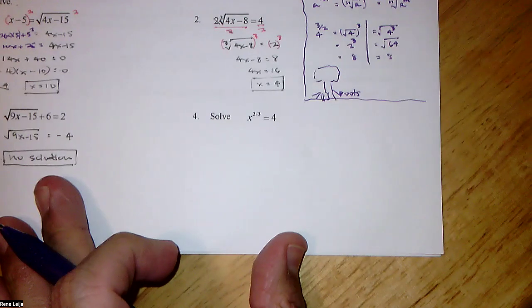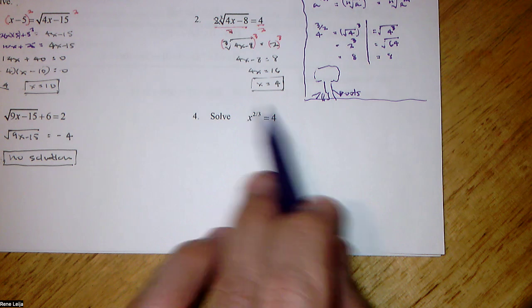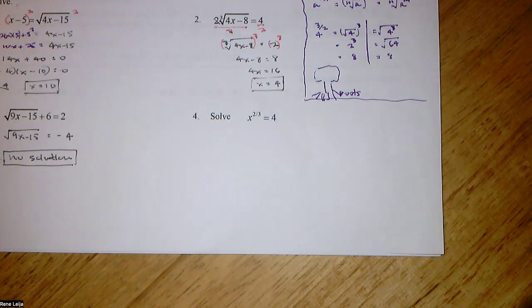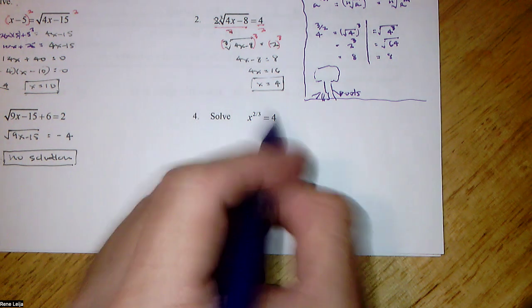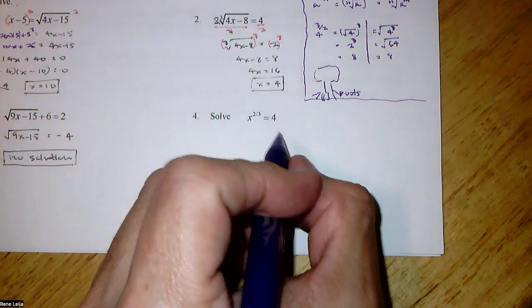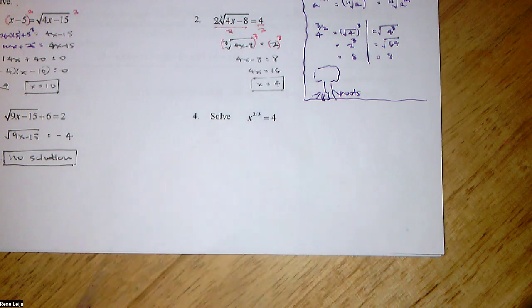Now, I showed you how to solve this in class one way. I'm going to do this a little bit differently, and here's why. Because there's a little trick in here that you need to understand. Now, I need to undo this. I need to get x by itself.